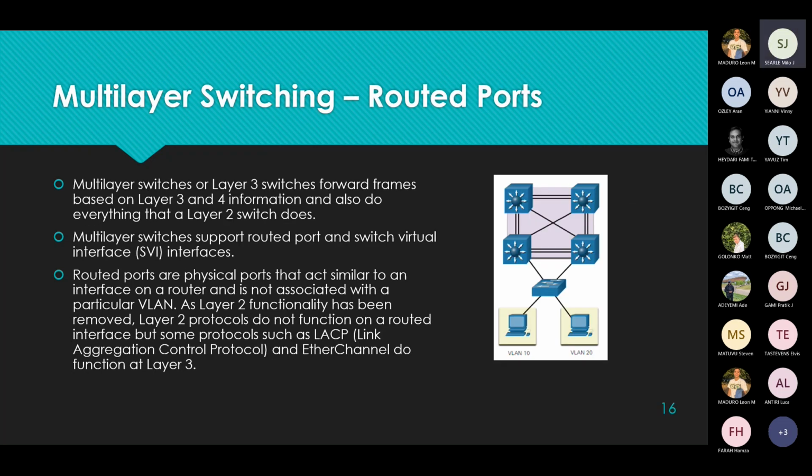Multi-layer switching, the routed ports. Multi-layer switches, or layer 3 switches, forward frames based on layer 3 and 4 information and also do everything that a layer 2 switch does. So basically, so far we kept saying that switches are layer 2, routers are layer 3.